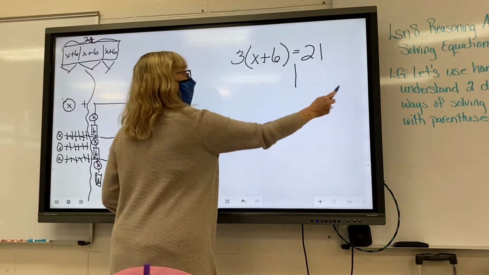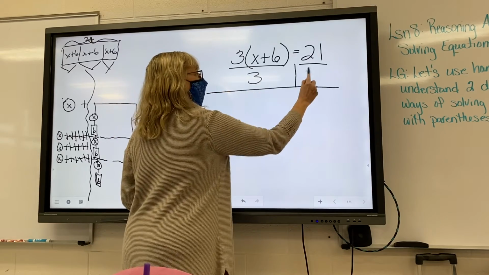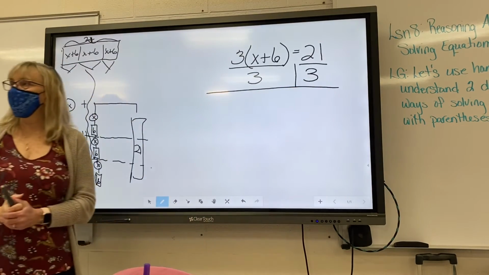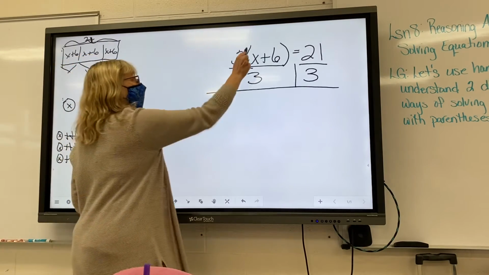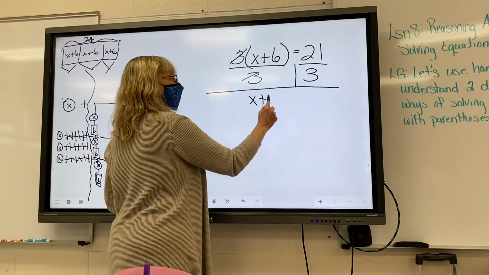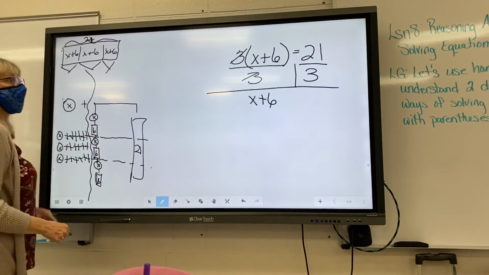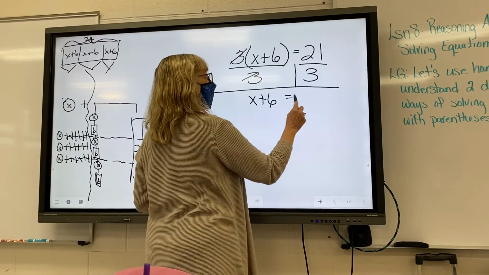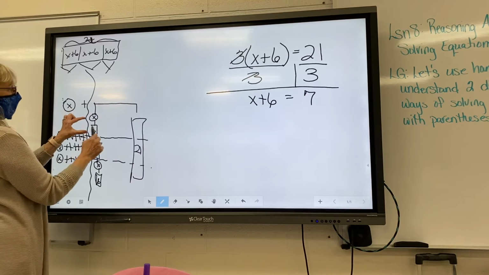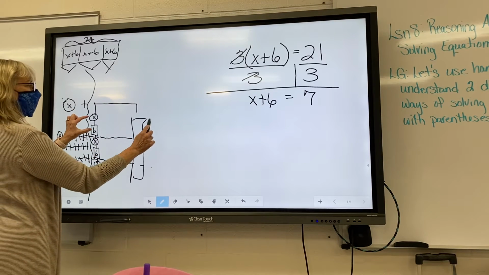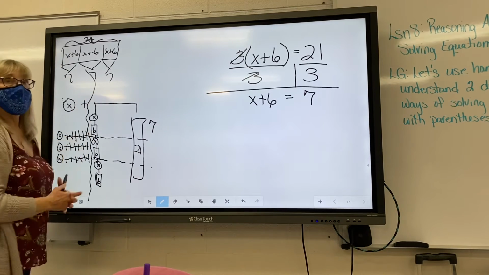Math-wise, you will do the upside-down T. We are going to divide both sides by 3 using the division property of equality. 3 divided by 3 is 1. So that leaves me x plus 6, which is what this one block is. 21 divided by 3 is 7. So we are saying here that x plus 6 equals 7. Each one of these is 7.